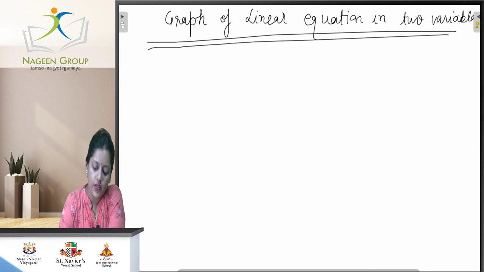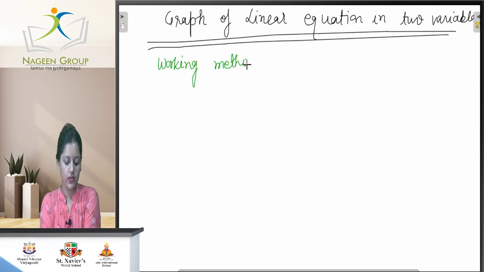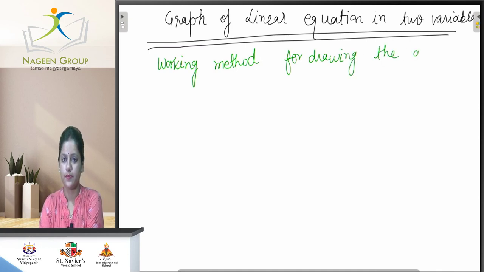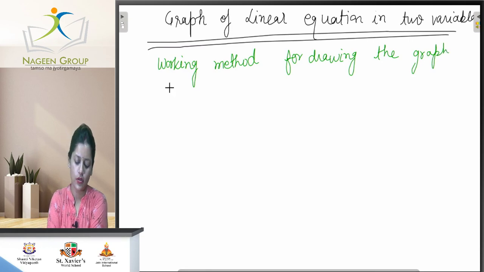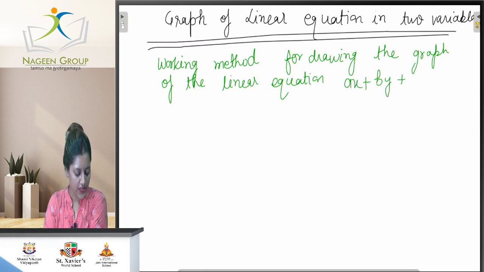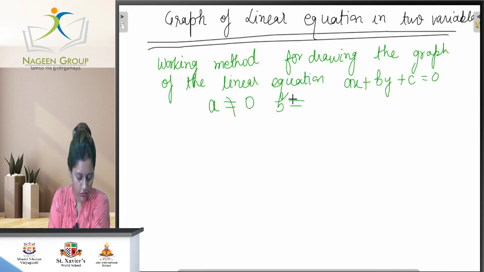That is the working method for drawing the graph of the linear equation ax plus by plus c is equal to 0, where a is not equal to 0 and b is not equal to 0.